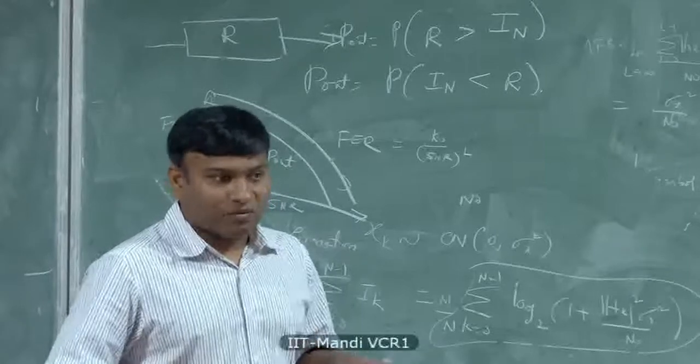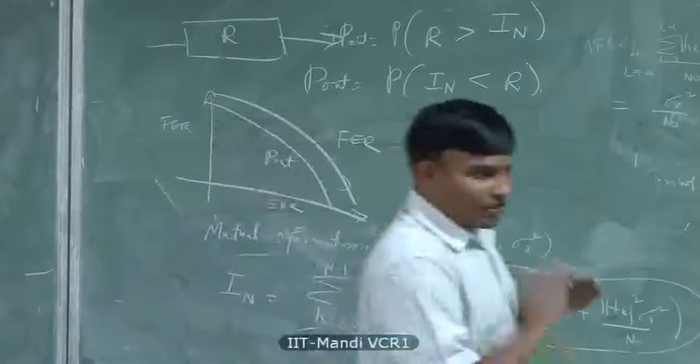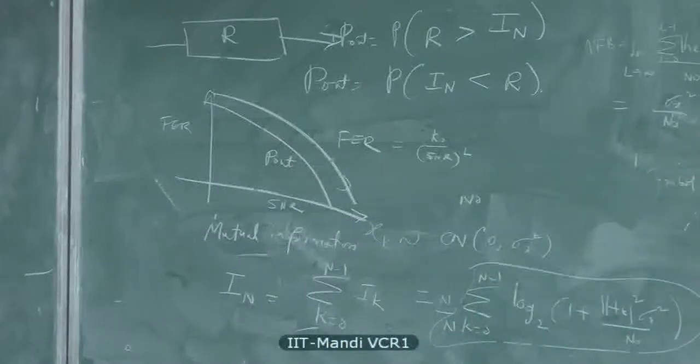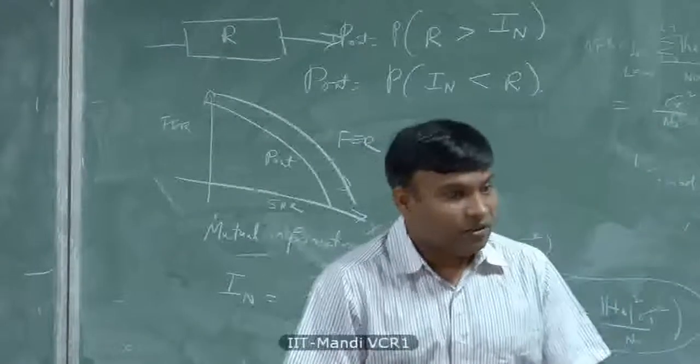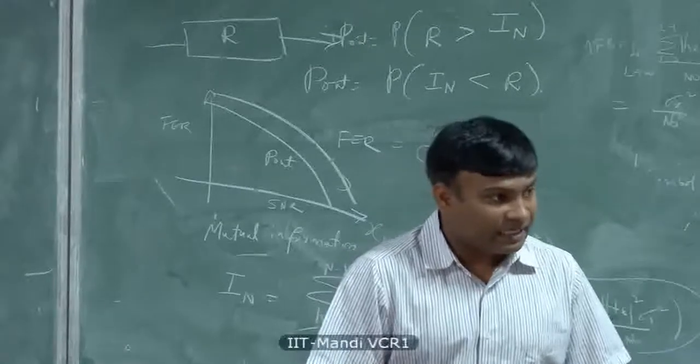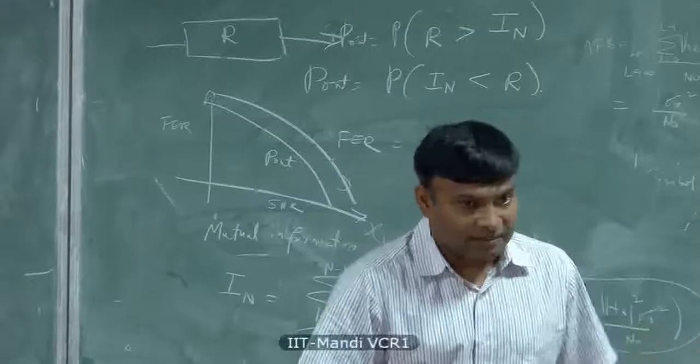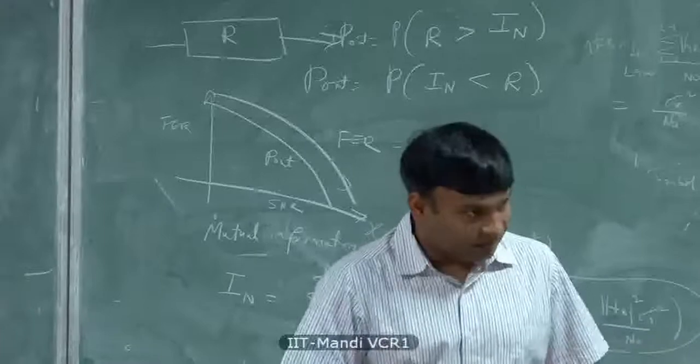Very practical encoder decoder. What would you take? We'll take something like a convolutional code, put it through OFDM transmission, receive it, and what is the diversity order you will get? We can in fact compute it analytically using a sort of rule of thumb, and we will simulate it and measure and verify it.